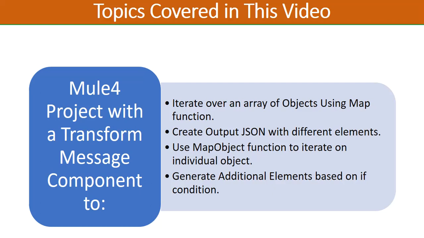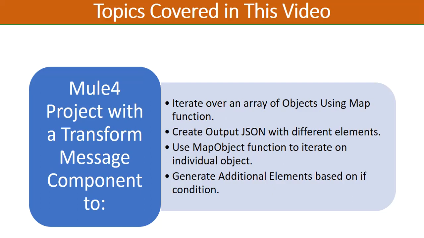achieve the desired results. We will have output in JSON format with different elements than the elements in the input. And we will see how we can iterate through all the records and achieve the desired goals. We will also observe the different options available to use map functions, and how we can access keys and values with different approaches.